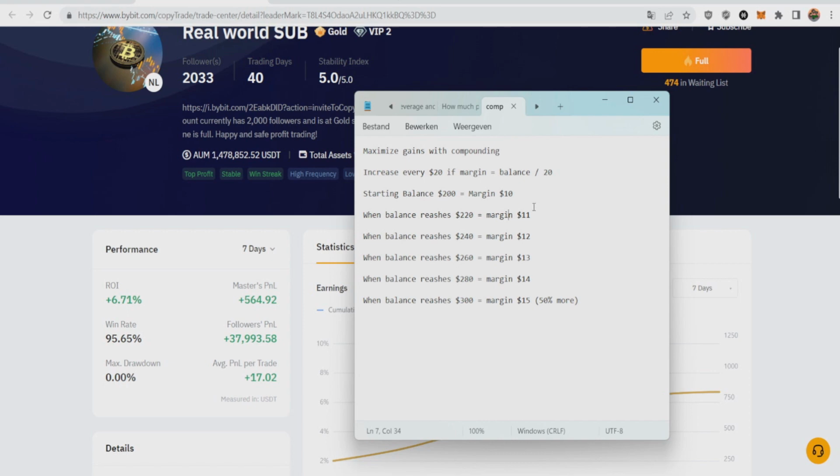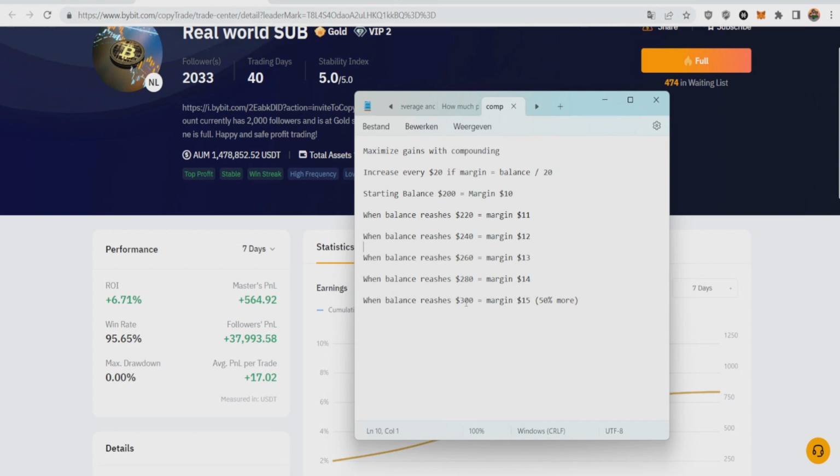Like I told you, the margin should be your balance divided by 20. So let's say you're starting with $200 and your margin is 10. When your total equity or balance reaches 220, you go to margin 11. When it reaches 240, you go to margin 12. When it reaches 260, margin 13. When it reaches 280, margin 14.